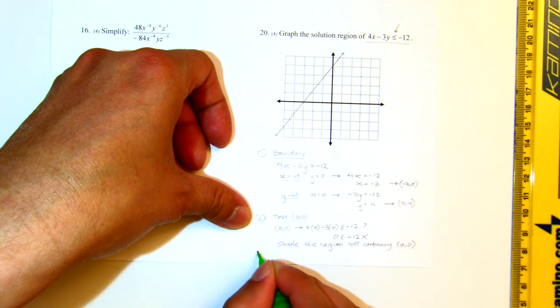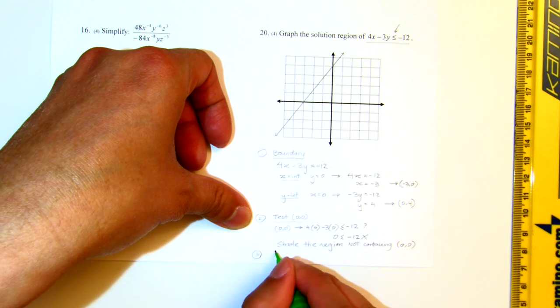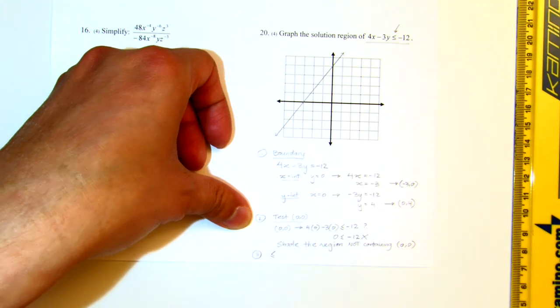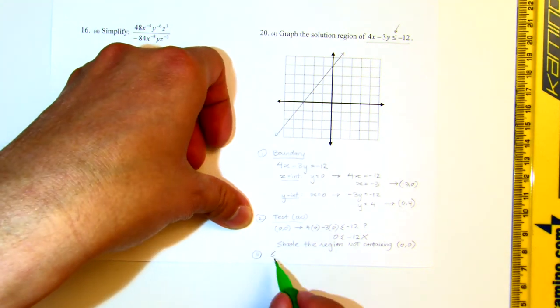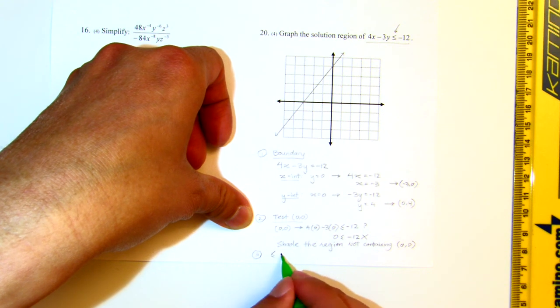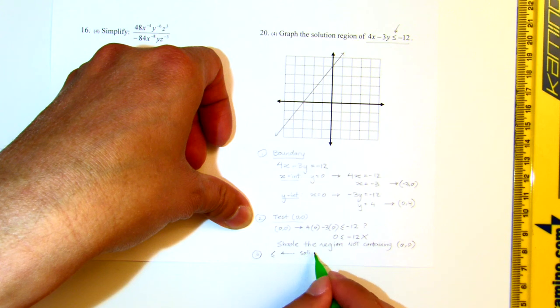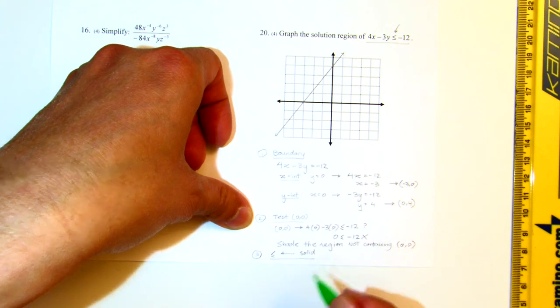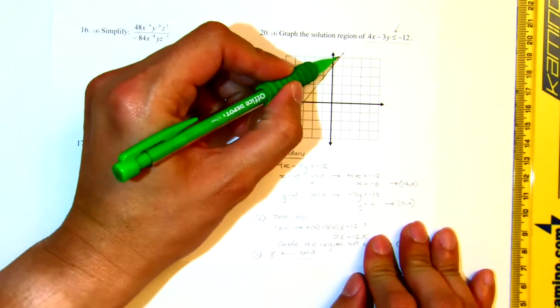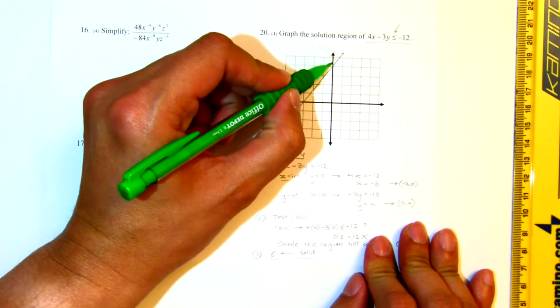And lastly, the third step, which is the easiest one: because this has an equal sign on the boundary, the boundary will be a solid line. Okay, now I should have shaded first earlier once I was done with step 2.